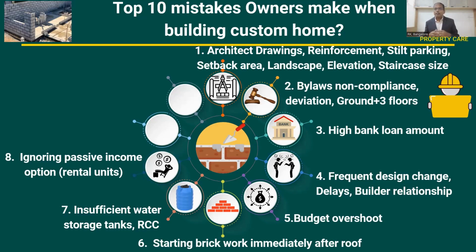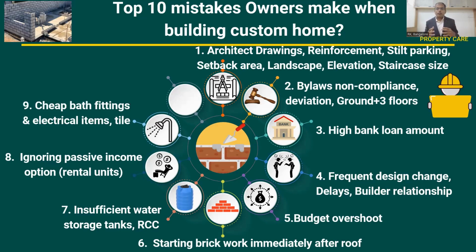Here it is not like that. We can have an additional unit, depending on our budget capacity. I recommend you have 1 more, 2, or whatever your budget capacity allows, add that unit and give it for rent. Anyway, you're staying downstairs, and managing that is not a problem. So make provision for a rental unit also.